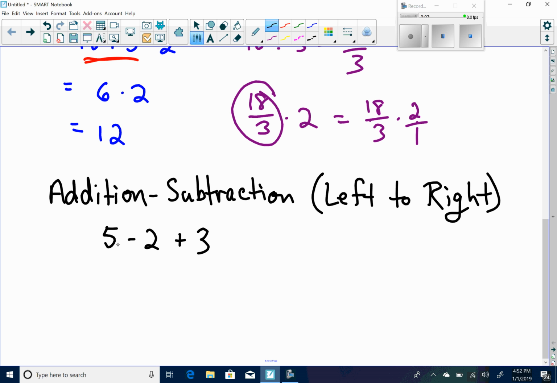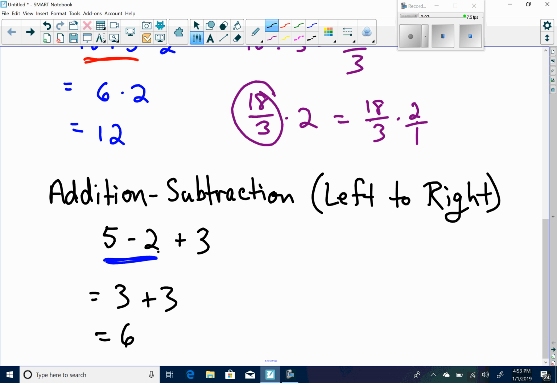So notice we're looking at this 5. If we're only looking just at the 5, it is positive. In the middle, if I'm only looking at this 2, the 2 is negative. And then this last 3 is positive. So if I were to just go from left to right, 5 minus 2 would just give me 3. Then I would add the other 3 to get a 6.